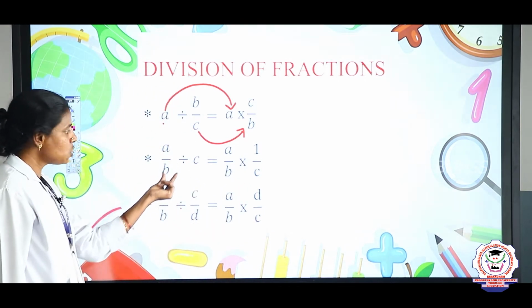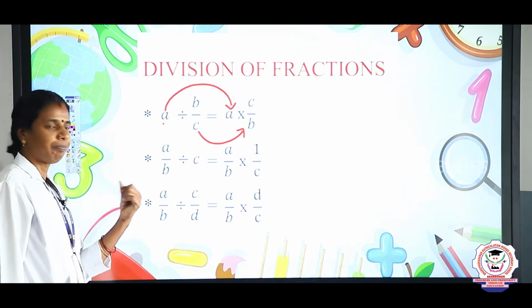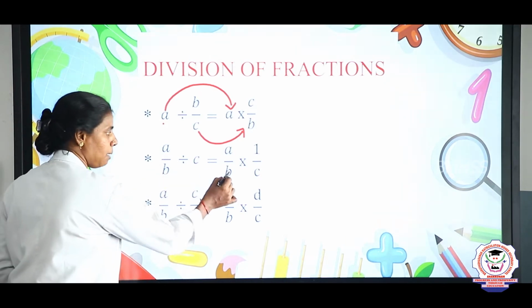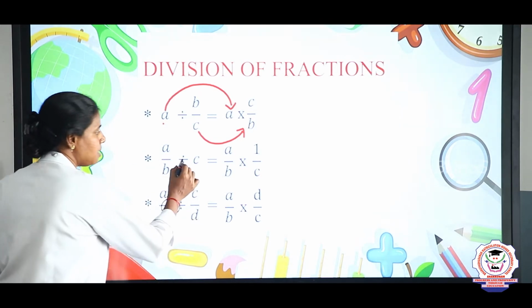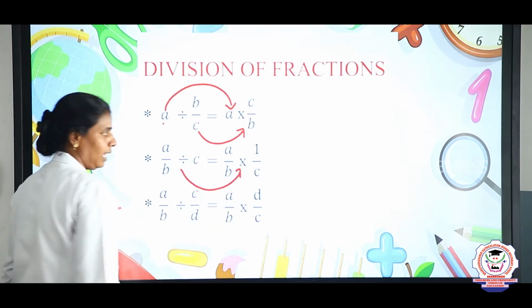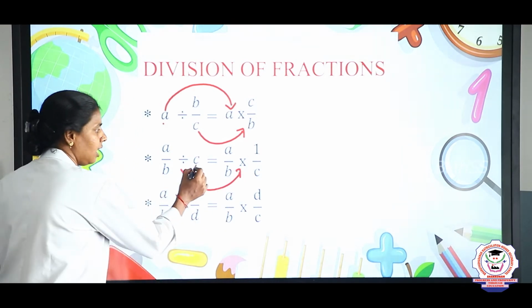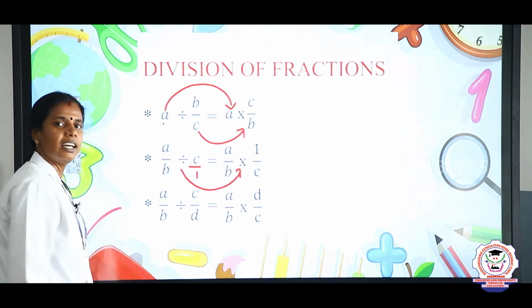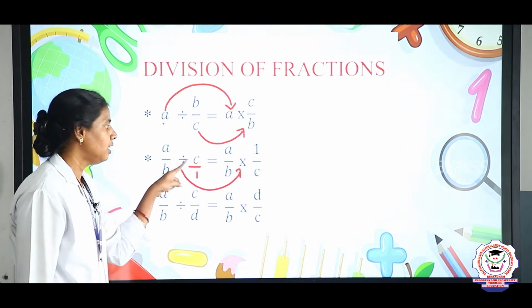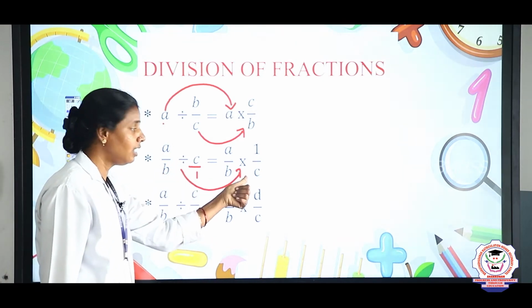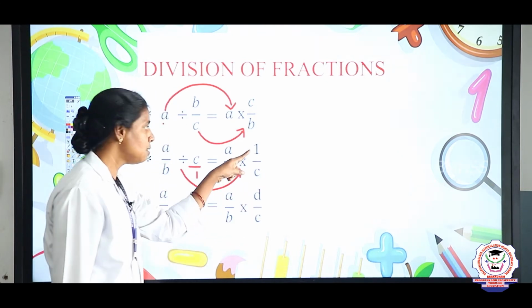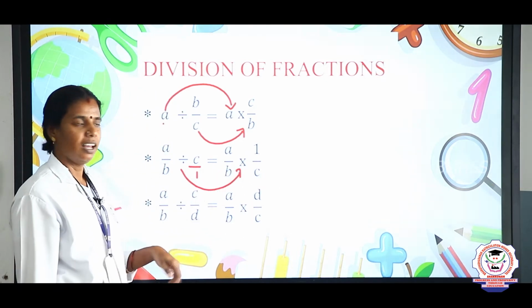When a fraction is divided by a whole number, the fraction will be the same, a by b, and the divide symbol will be replaced by multiplication. The whole number c we can consider as c by 1. So c by 1, how can we write its reciprocal? As 1 by c. Is it clear?